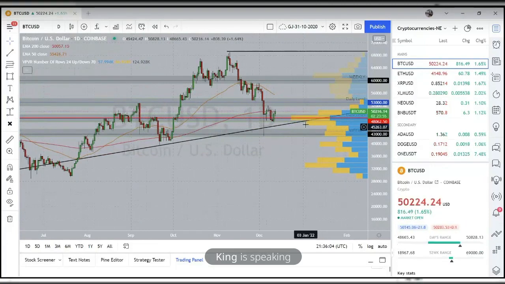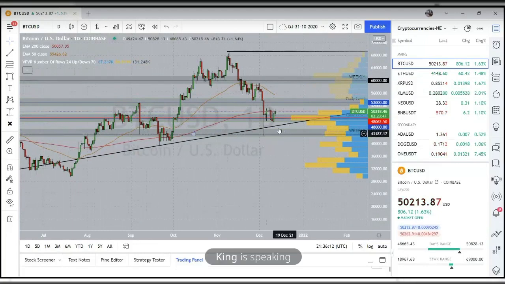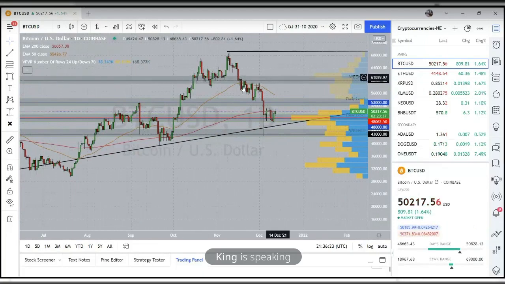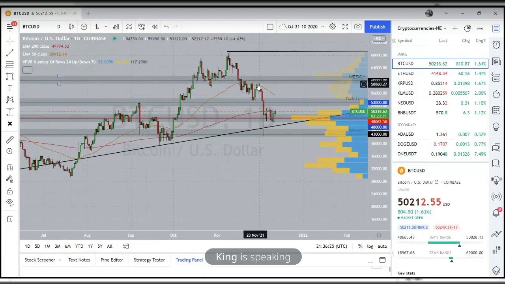And essentially that just means that price is sort of attracted to this level. Where the highest amount of volume is, you tend to get areas where price trades around the most.